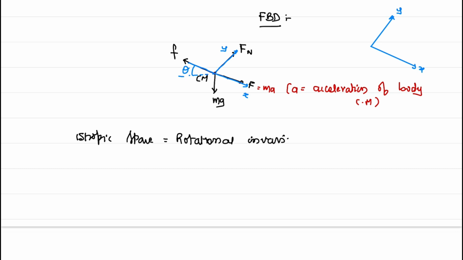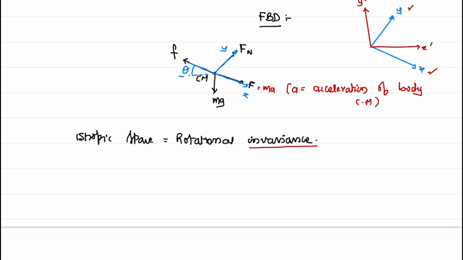That means if you rotate the axis, the properties of the particle will not change. Hence, either you take the x this way or this way, as long as they are orthogonal to each other, there is no problem because of the isotropic space we have assumed.